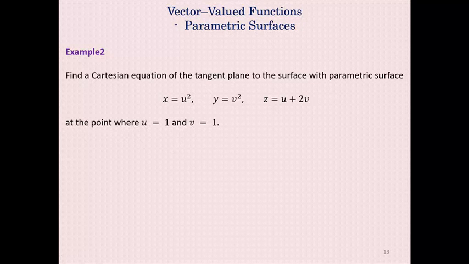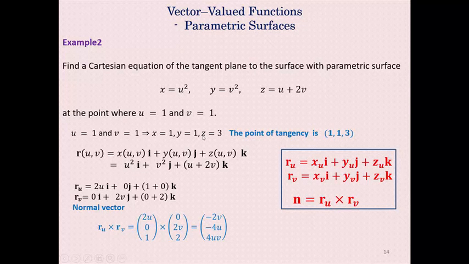We end the video with a numerical example on tangent planes. Here we have a parametric surface defined by these three equations. We are asked to find the equation of the plane at the point where u and v are both equal to 1. So we begin by finding the normal vector. We first find R_u and R_v by partially differentiating the component functions with respect to u for R_u and v for R_v.